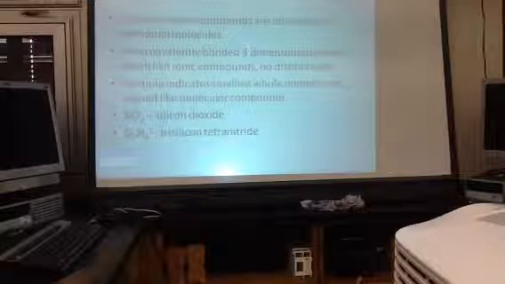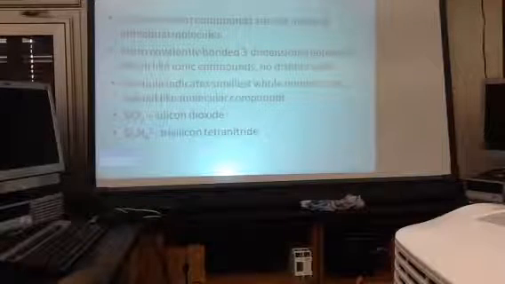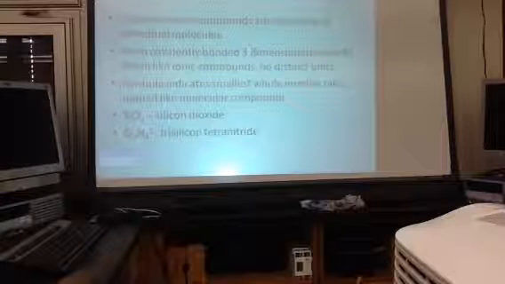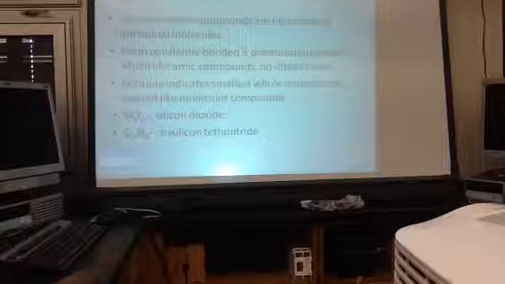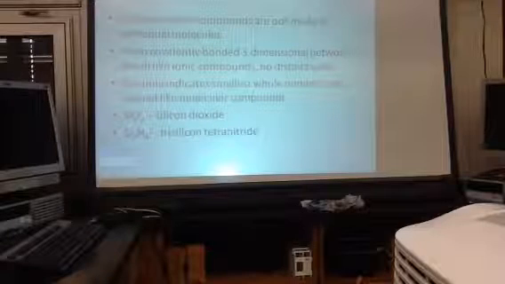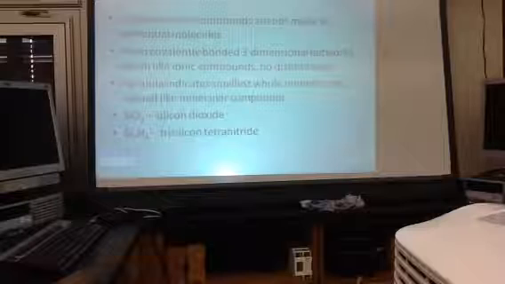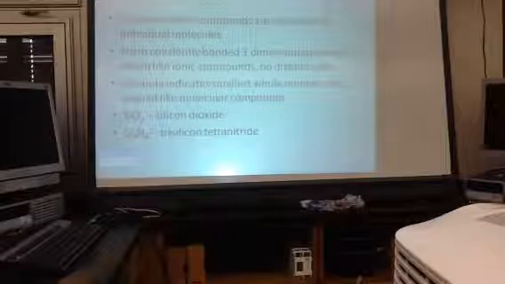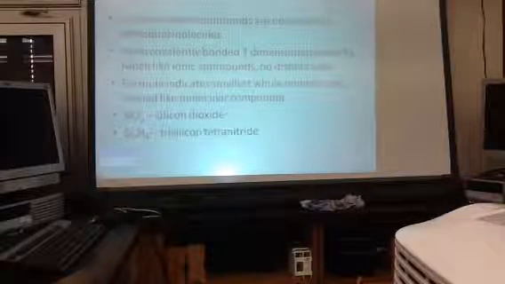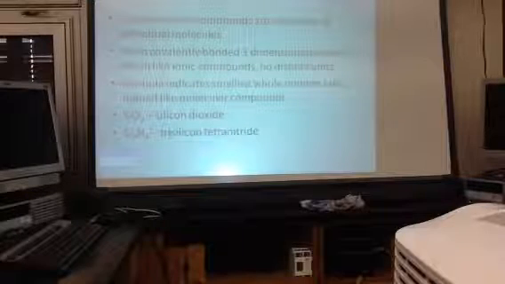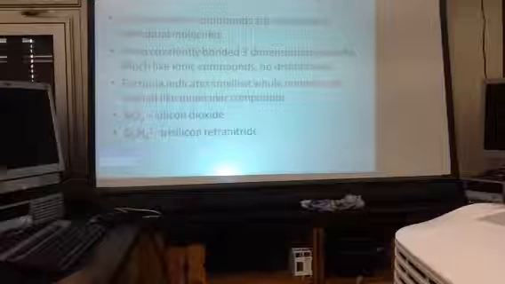Oxygen's in our atmosphere, not in our rocks. Well, actually, silicon dioxide, how many silicon, how many oxygens? One silicon, two oxygens. Silicon dioxide is a major component of a lot of rocks in the Earth's crust. And so it's not the way we think of oxygen.